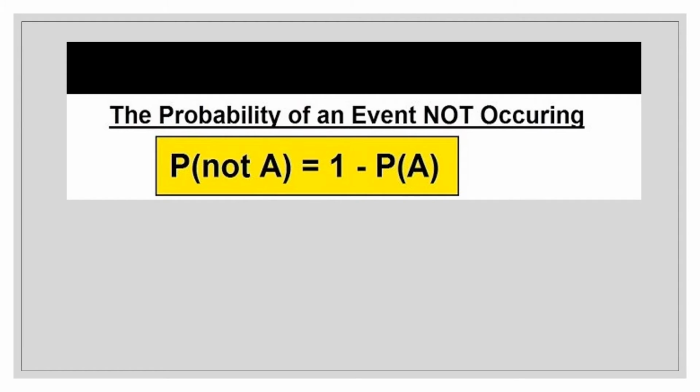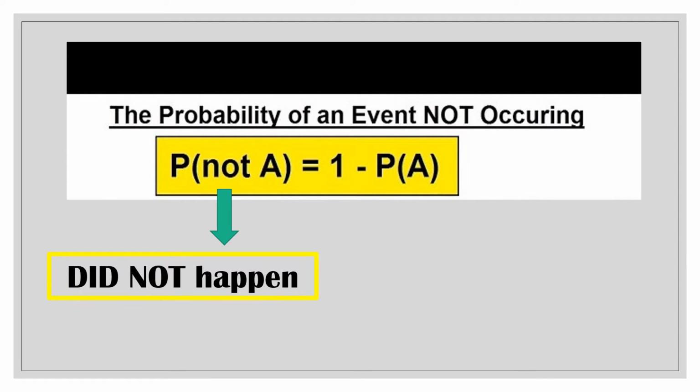So now here we go. The probability of an event not occurring or not happening. We have here the formula: probability of not A is equal to 1 minus the probability of A. If we are talking about the probability of not A, this means the event did not happen.